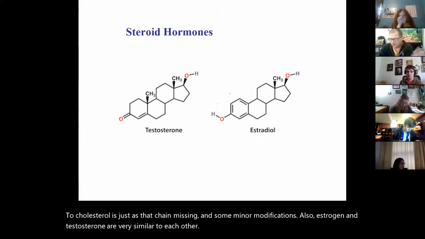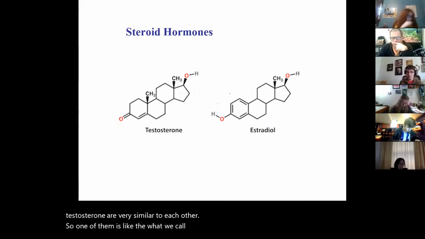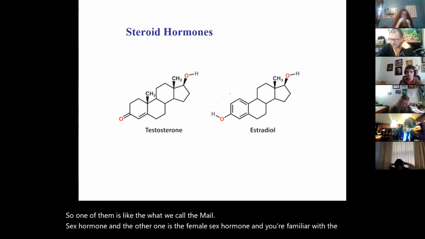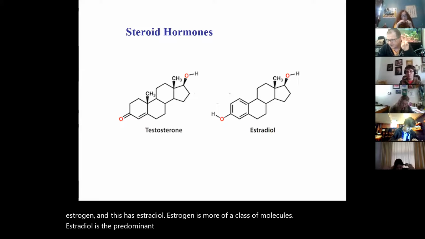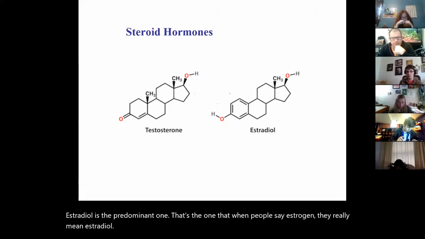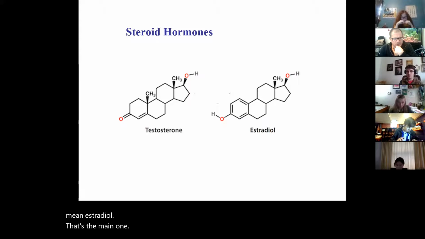One is the male sex hormone, and the other is the female sex hormone. You're familiar with the word estrogen, and this says estradiol. Estrogen is more of a class of molecules. Estradiol is the predominant one. When people say estrogen, they really mean estradiol. That's the main one. So that's one function.